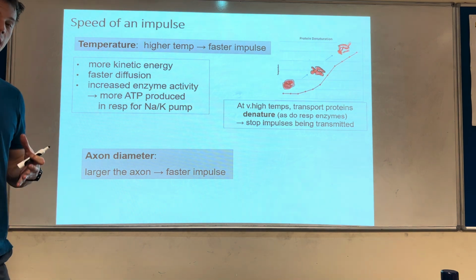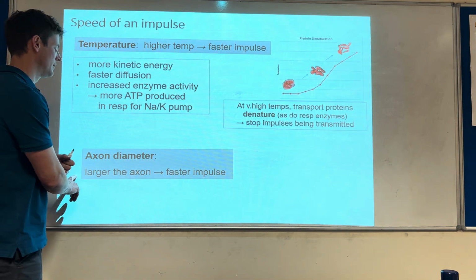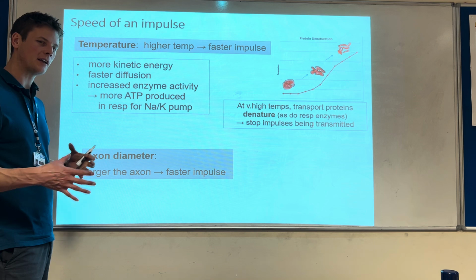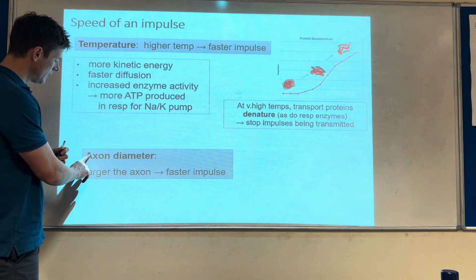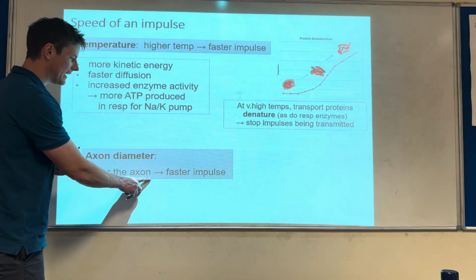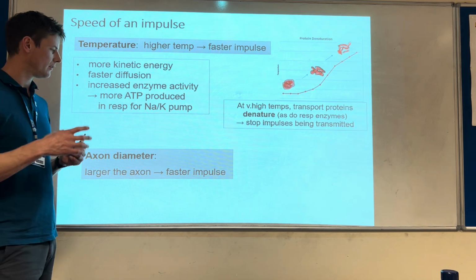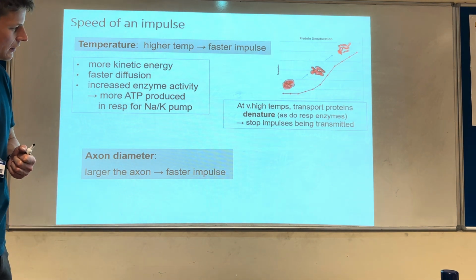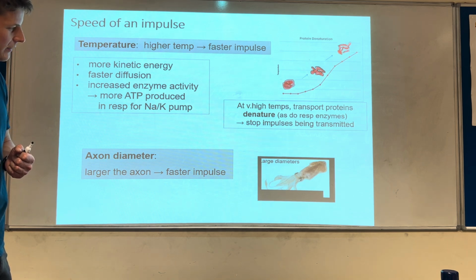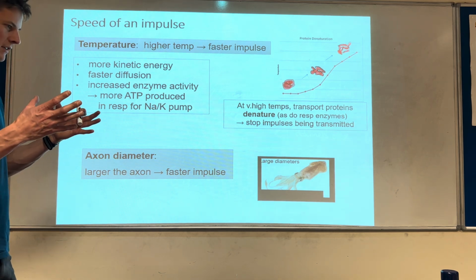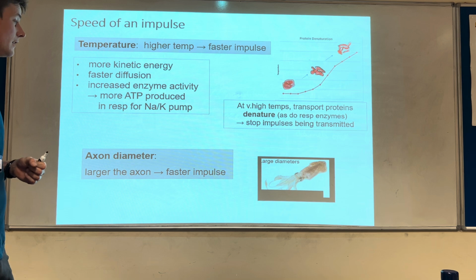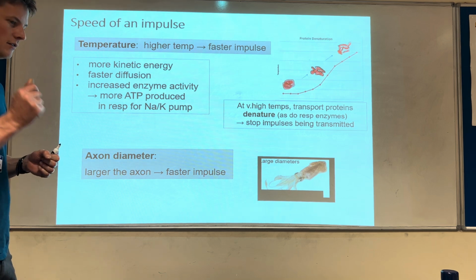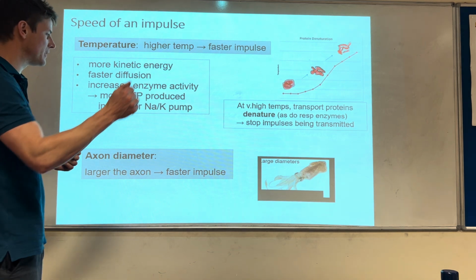Now, we don't really need to explain why this is, although there is a question in a minute that gives you a little bit of a clue. The larger the axon, the faster the impulse. And we know this because giant squid with their massive axons, 110 millimeters in diameter, have really rapid transmission.